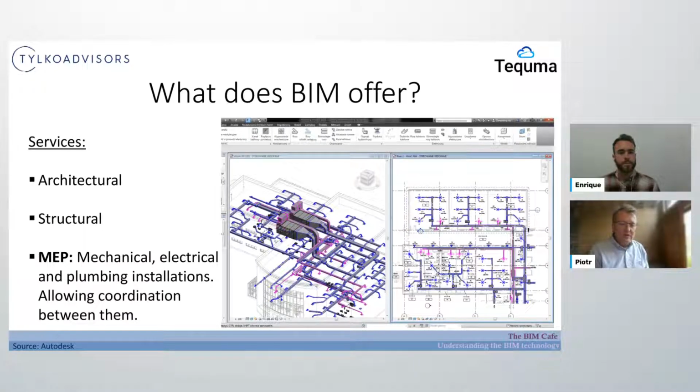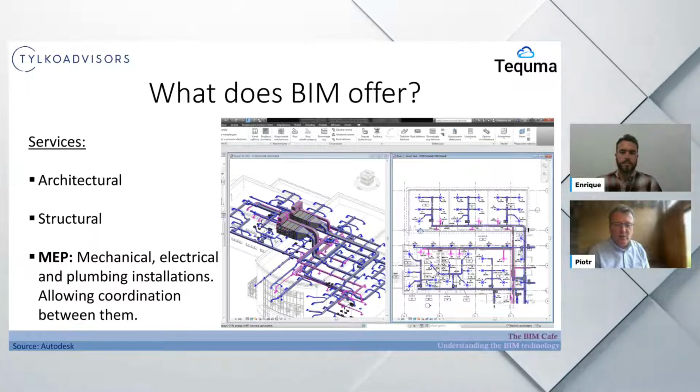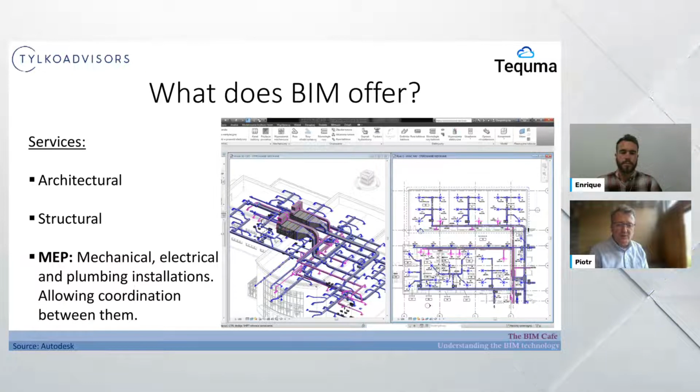So when I look at this, Enrique, I see, as you mentioned, the telecommunication, but one part of the whole exercise can also be, as you mentioned, the network, but not only the network, but also the Wi-Fi points, where to put them, and just to see if they will be able to cover.